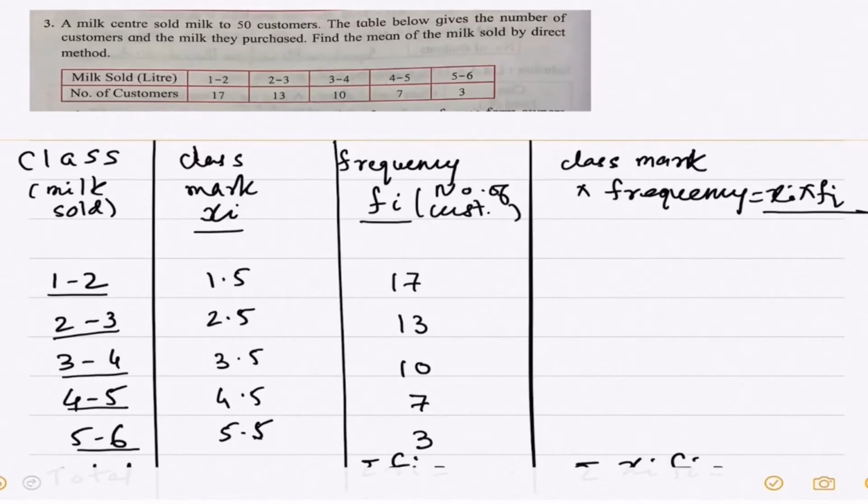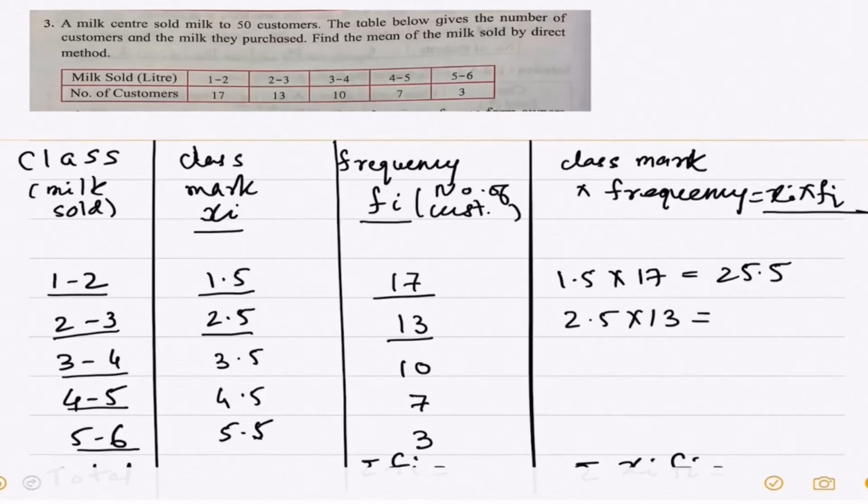So the first entry is 1.5 into 17, which gives us the answer as 25.5. Next is 2.5 into 13. We get the multiplication as 32.5. Next is 3.5 into 10.